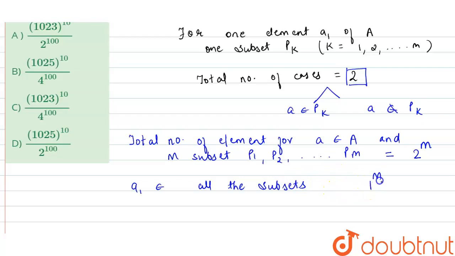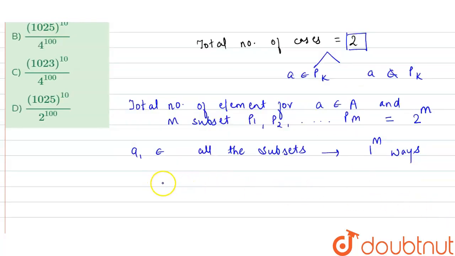There will be 1 to the power M ways. Because A1 will belong to a subset, so that is why 1 to the power M ways.